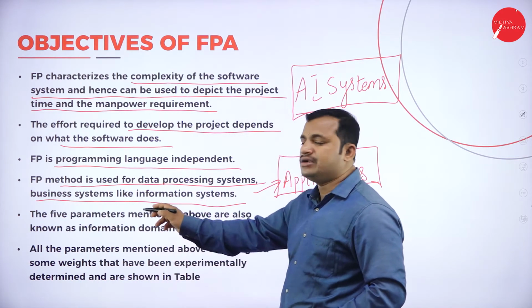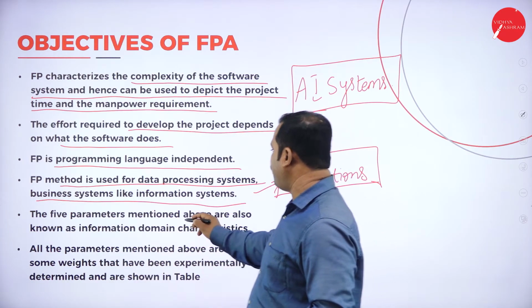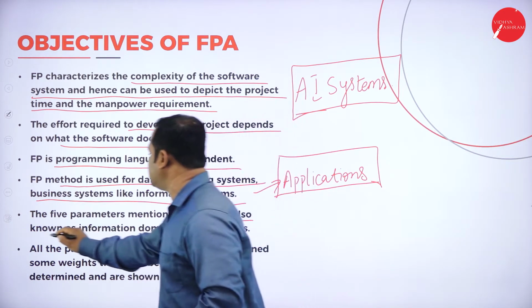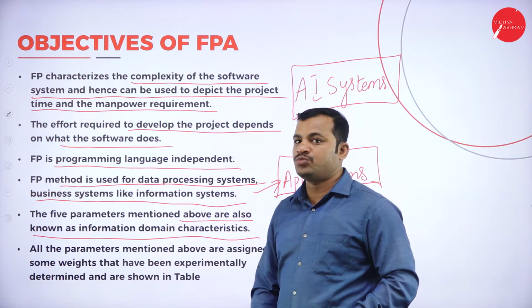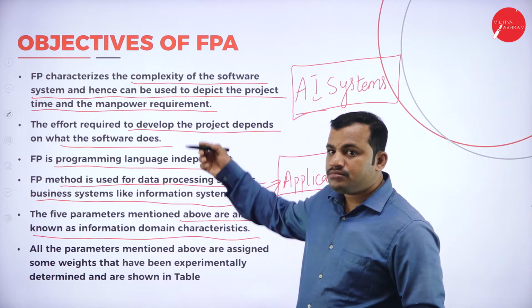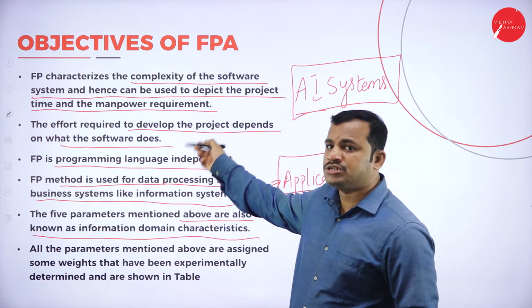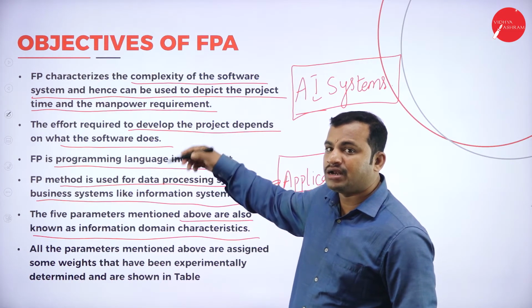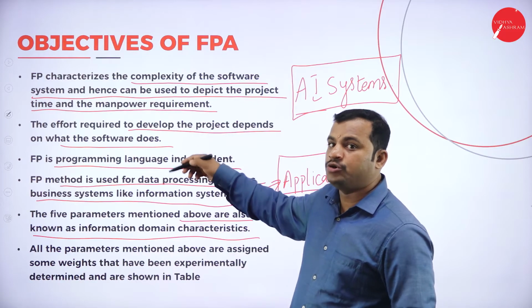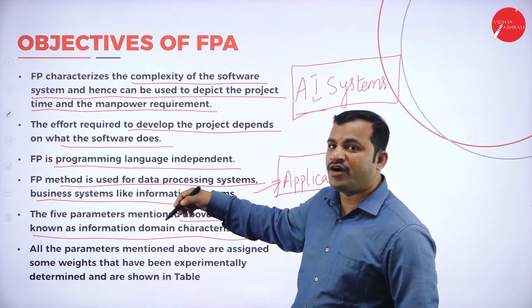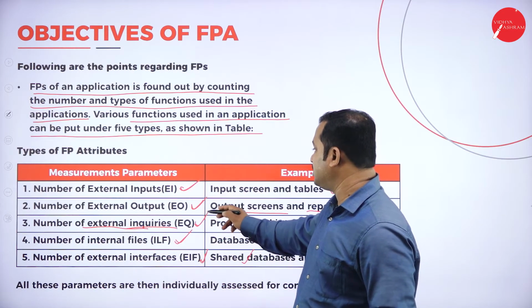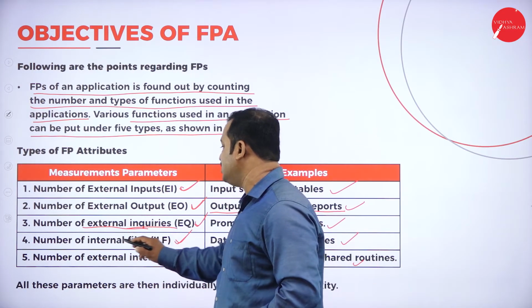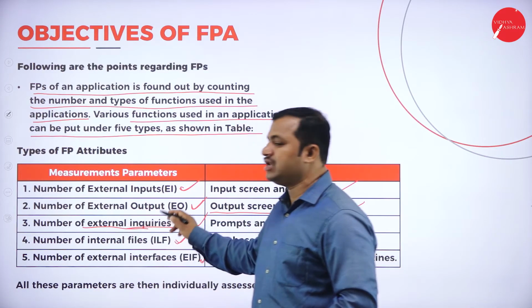The 5 parameters mentioned in the previous slide define the function point analysis. As I have already discussed, that is list of external inputs, external outputs, and then internal files. Then we have other inquiries and all those things. That is list of internal files, external interfaces, external inquiries.